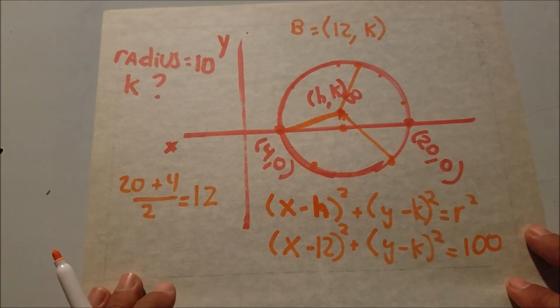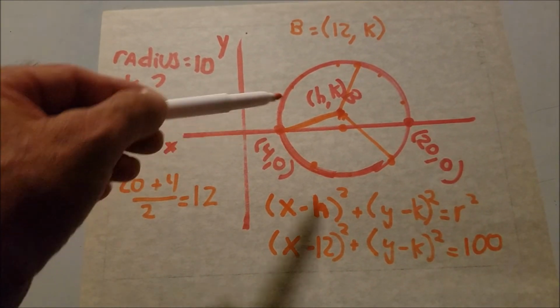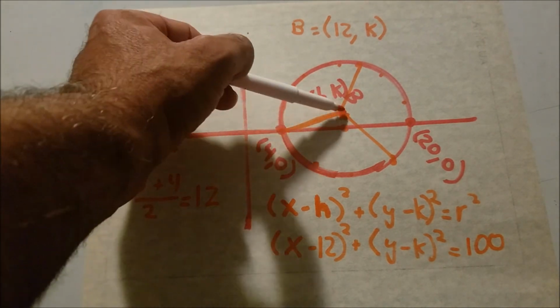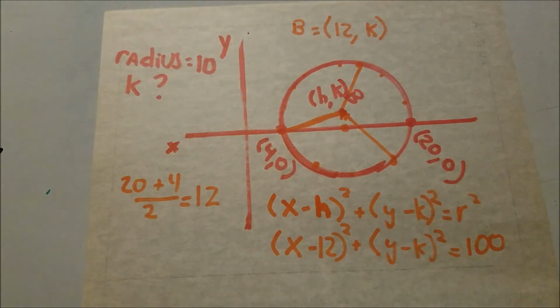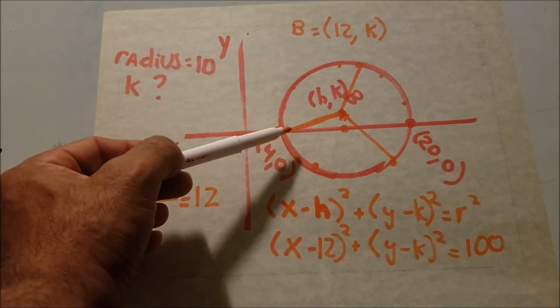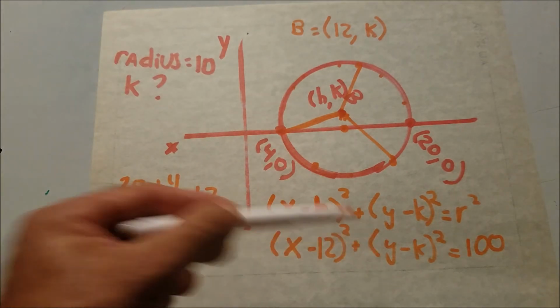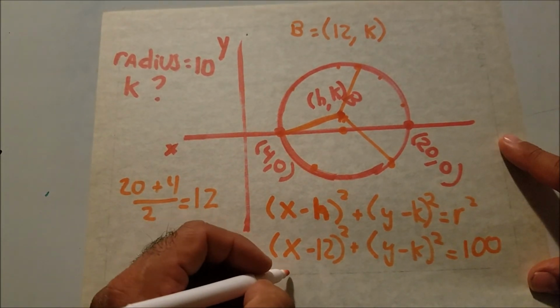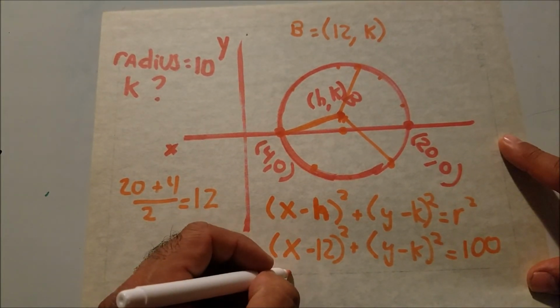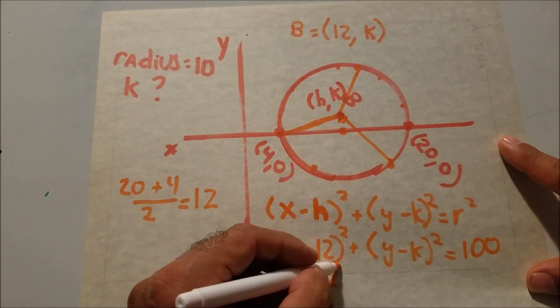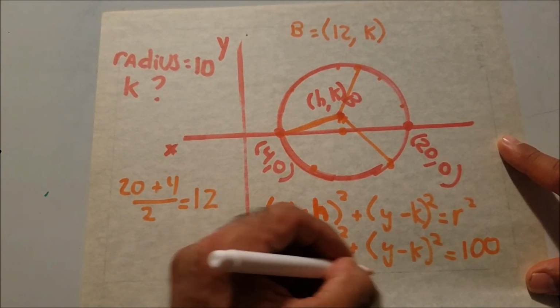Okay, now what we do is, since we know from this point to that point is 10, we can plug in the 4 and we can plug in the 12 into these points. So we already have the 12, so we're going to say 4 minus 12, because that's an x point, squared. And we already have a y.